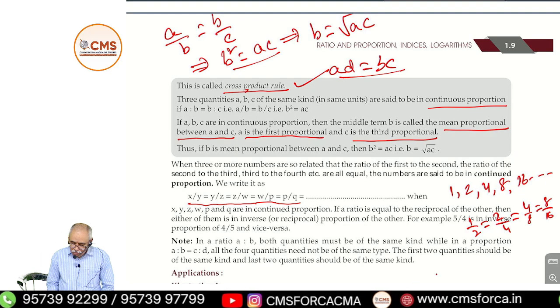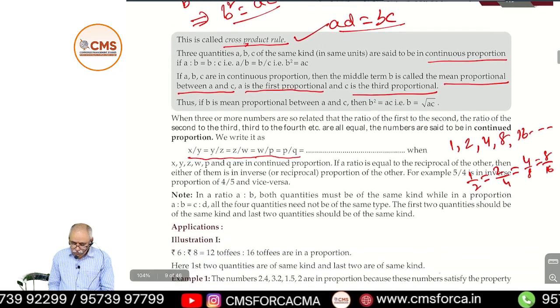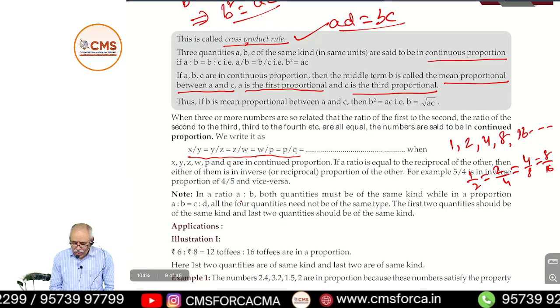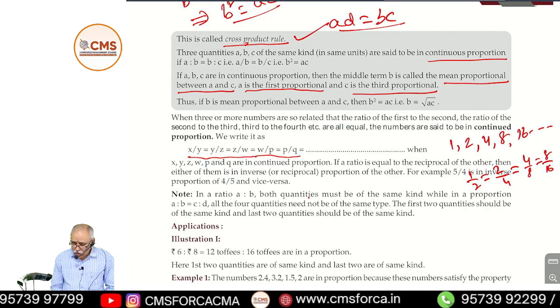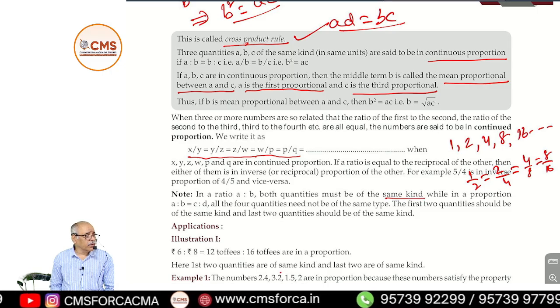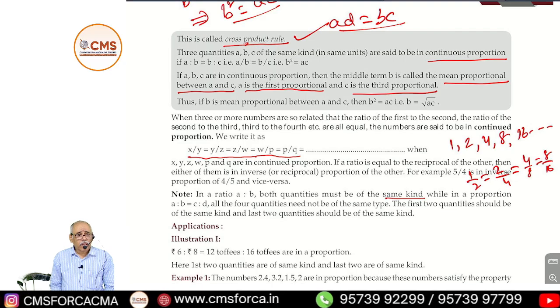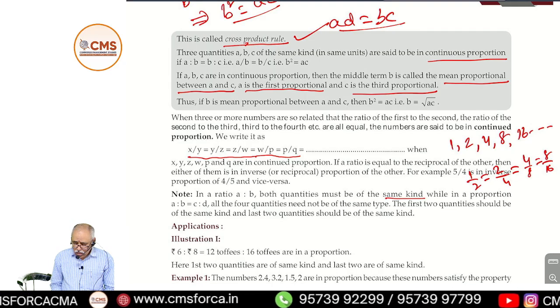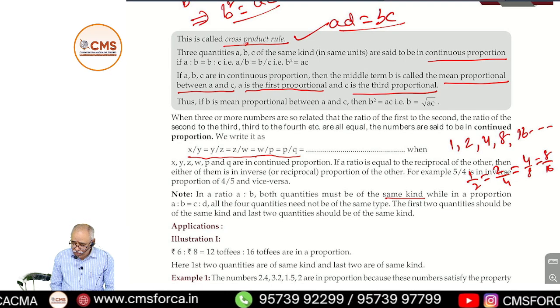So one more important point here. In ratio A is to B, both quantities must be of the same kind. Isn't it? In a ratio, A and B both are of same kind.